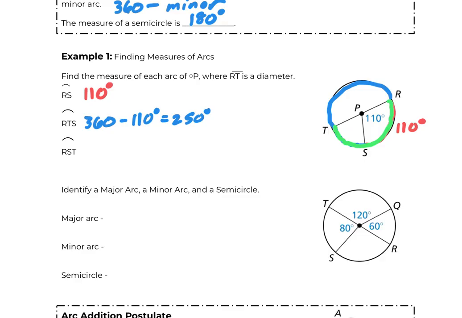R to T goes right through P, and P is the center of the circle, right? So what does RT do to the circle? Splits it in half, right? And so we know that that piece is 180 degrees. It's half a circle. And we know that because this is the diameter. Diameter is what we talked about on Friday. Splits the circle in half. So the bottom half would be 180, the top half would be 180, if I asked you to name the top half.